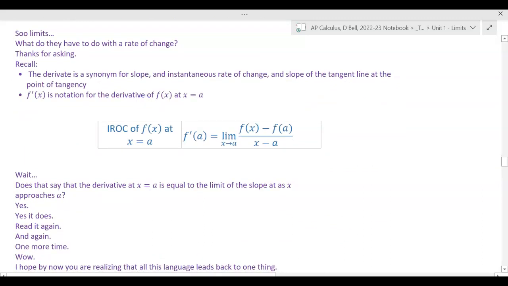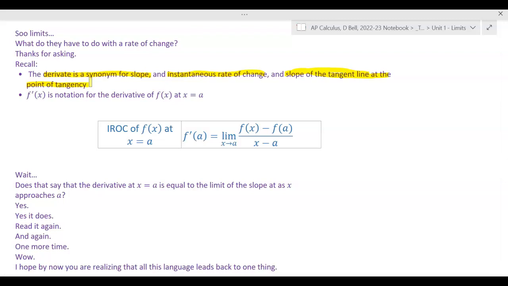So remember, the derivative is a synonym for slope and instantaneous rate of change and the slope of the tangent line at the point of tangency. F prime of x is notation for the derivative of f of x at x equals a.